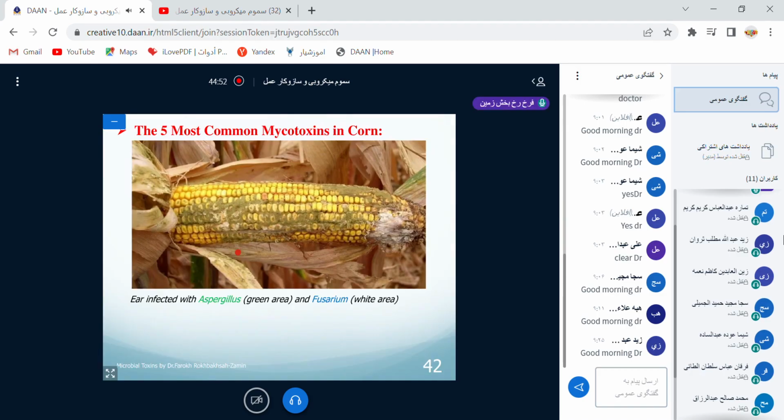Here, for example, you can see one corn which is infected with fungi. Here we can see it is infected with Aspergillus, the green area. This green area is Aspergillus, and this white one is Fusarium. So Fusarium and Aspergillus grow on this plant.